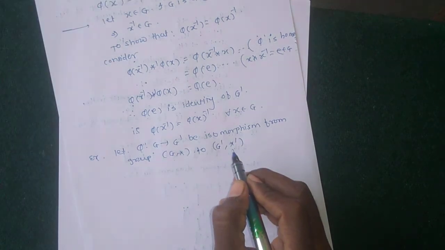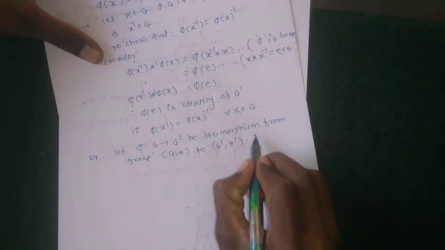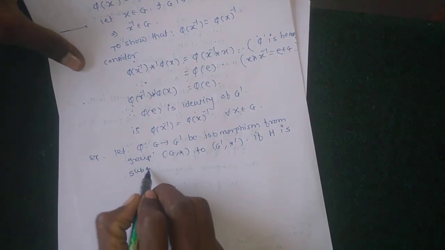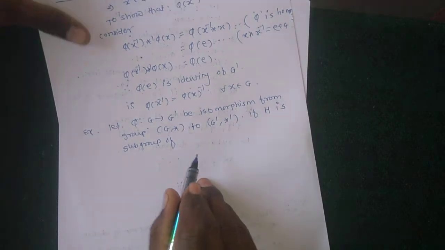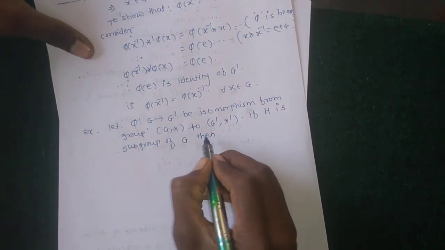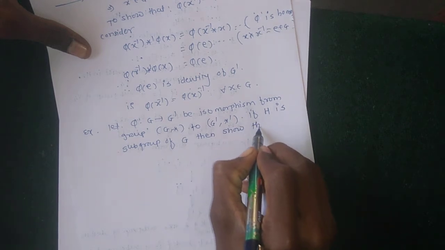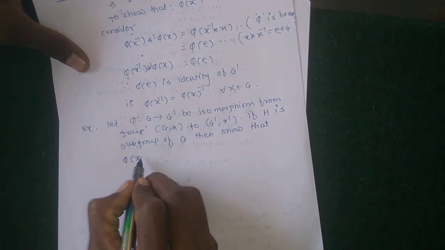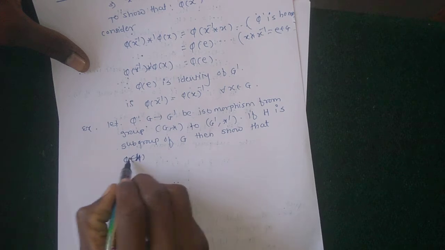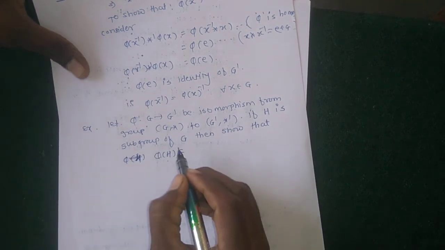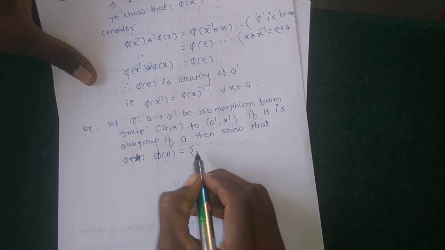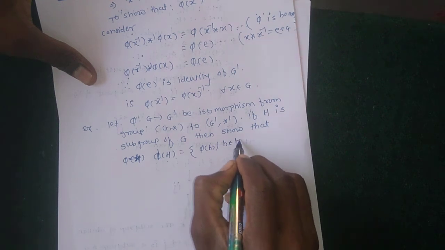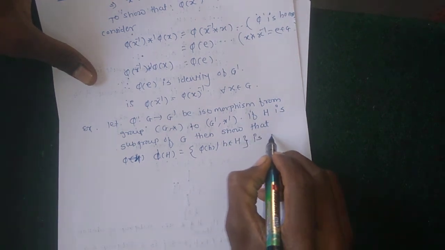If H is a subgroup of G, then show that phi of H, equal to the elements of the form phi of h such that h belongs to H, is a subgroup of G dash.